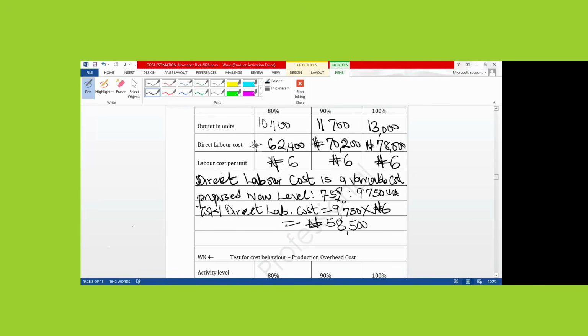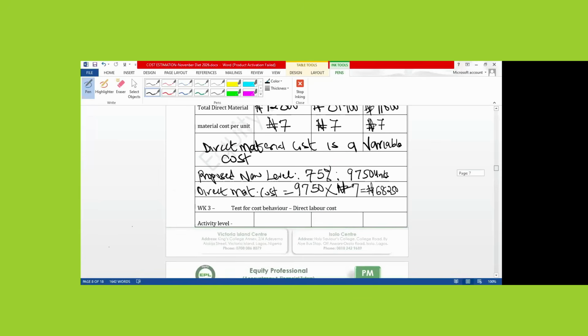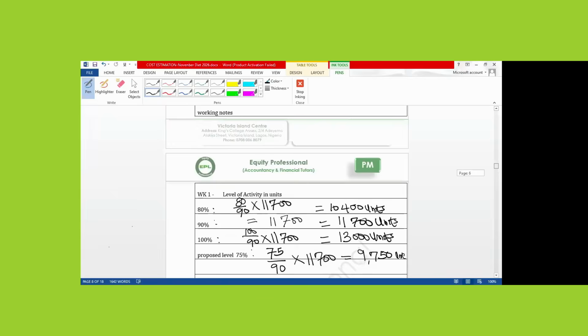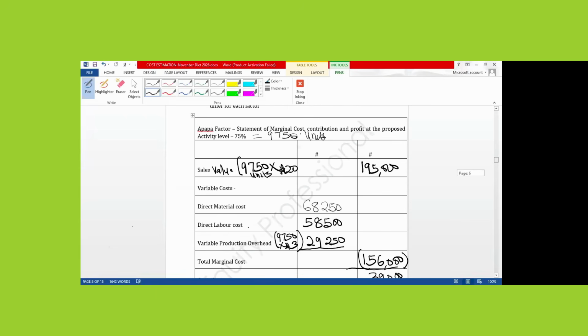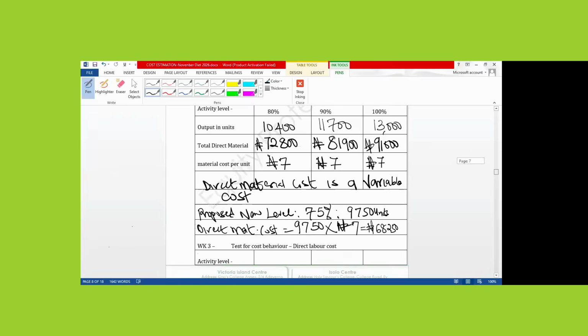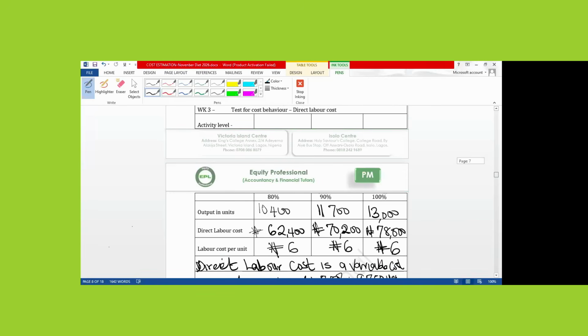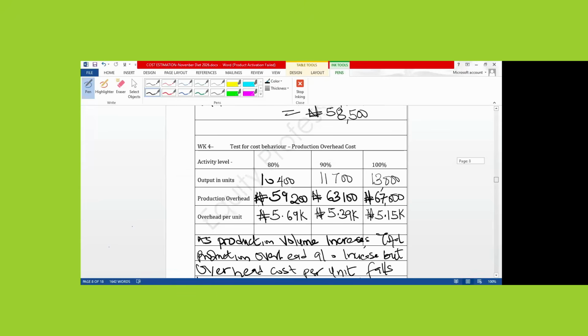Now, the examiner should not give you different selling prices. But if it happens that the selling price is not the same, the examiner must specify the one you are going to use.